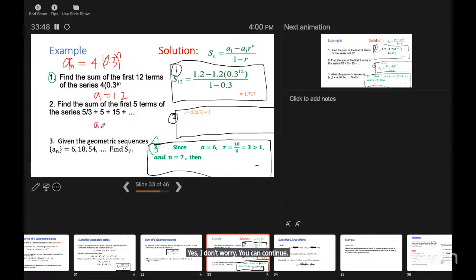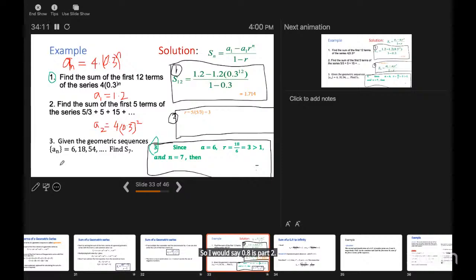It's okay. Let me do it because of others. What is our A2? You put 2 here. A2 will be 4 times 0.3 times 0.3, which is 4 times 0.3 raised to power 2.